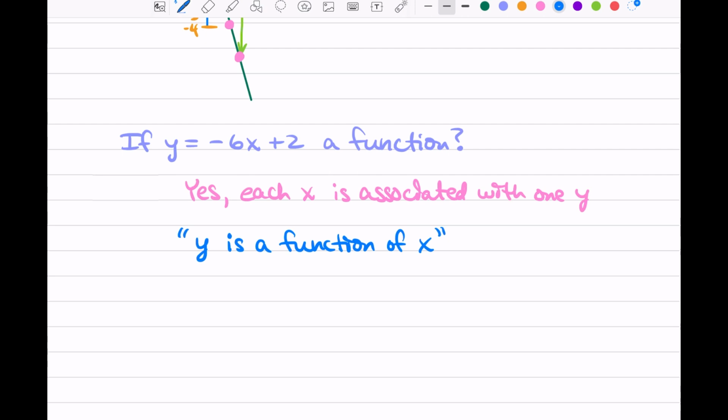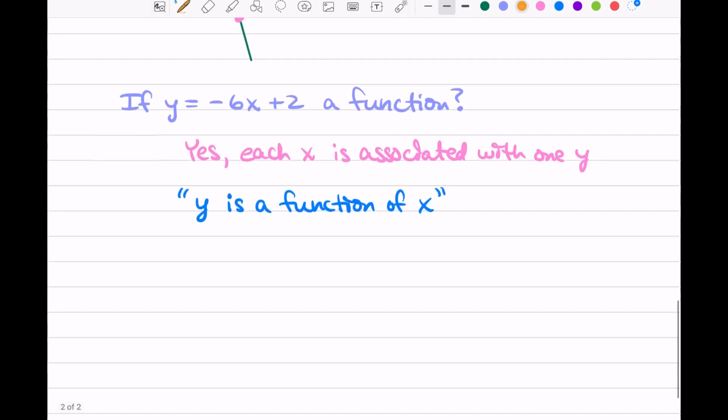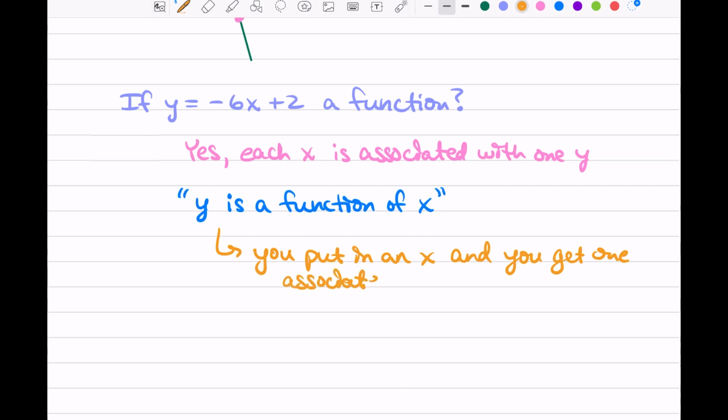Well, when you see it written like this, y is a function of x, it's the same idea. You're just saying you put in an x and you get one associated y out.